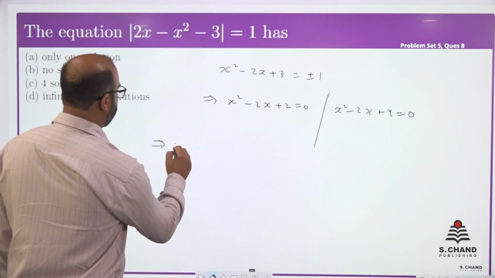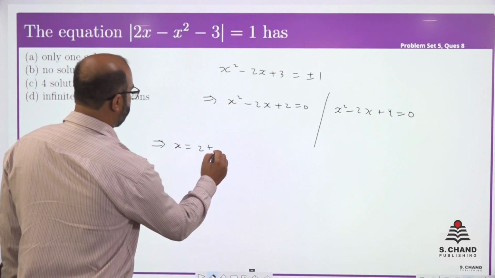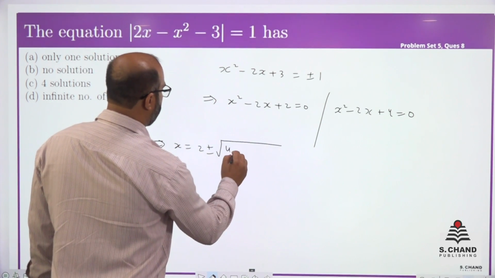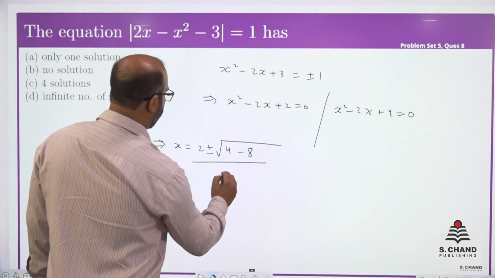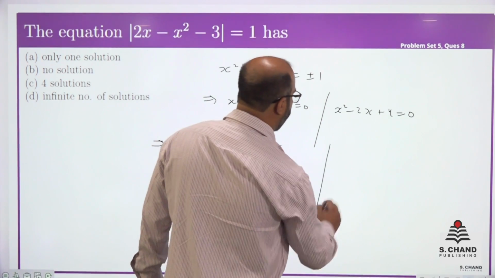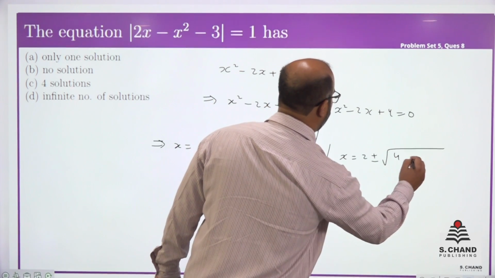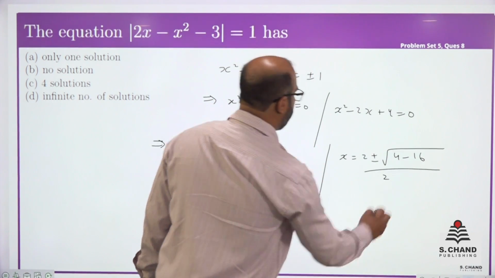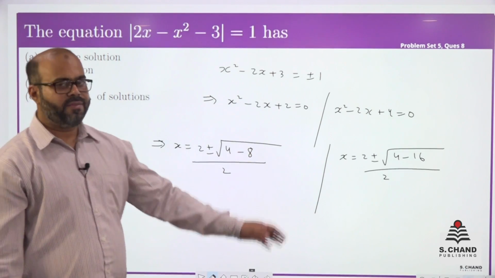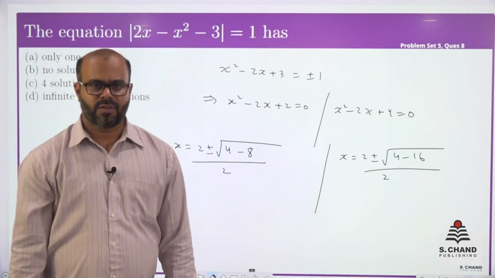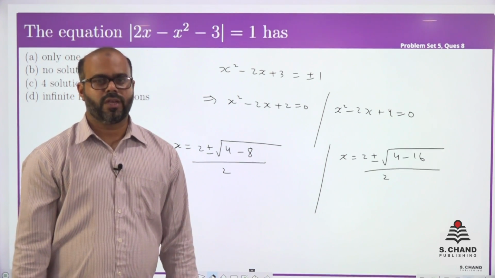From here, x is equal to minus b plus minus root over b square minus 4ac by 2a. Both of these have negative discriminant. That means there are no real solutions.